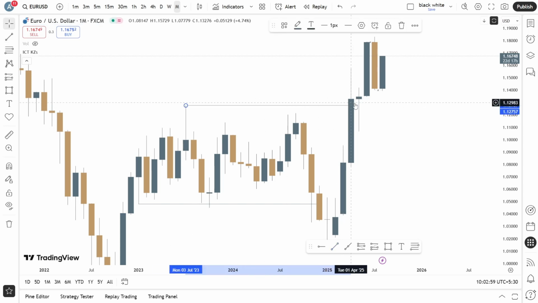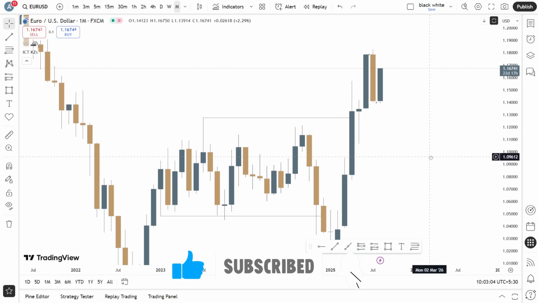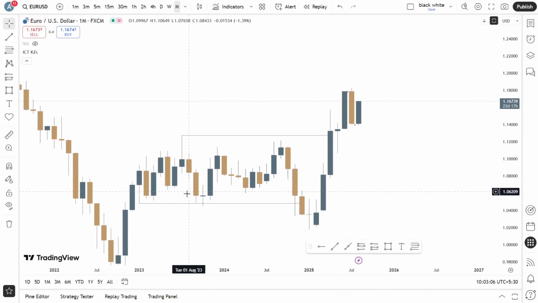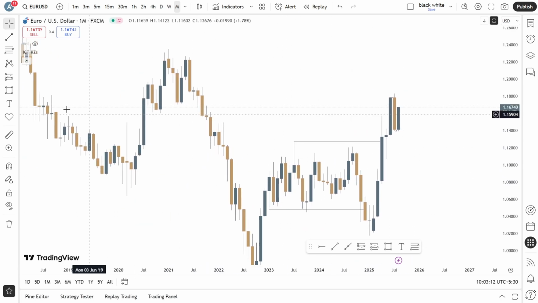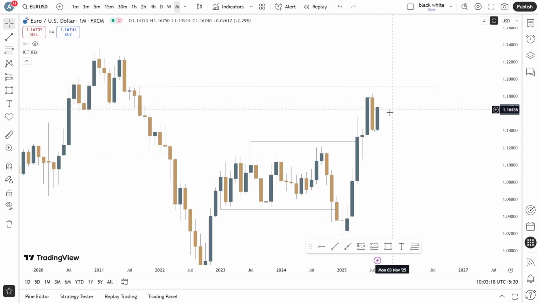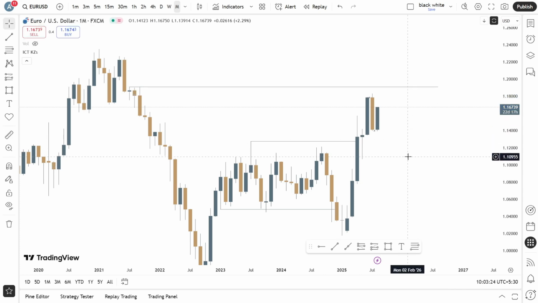So basically in monthly level we seem to be quite bullish because the price had just taken the liquidity and moved into the upside direction. So now I'm having the target that the price can possibly go till this equal highs, and we are going to take about 241 pips move into the upside direction.